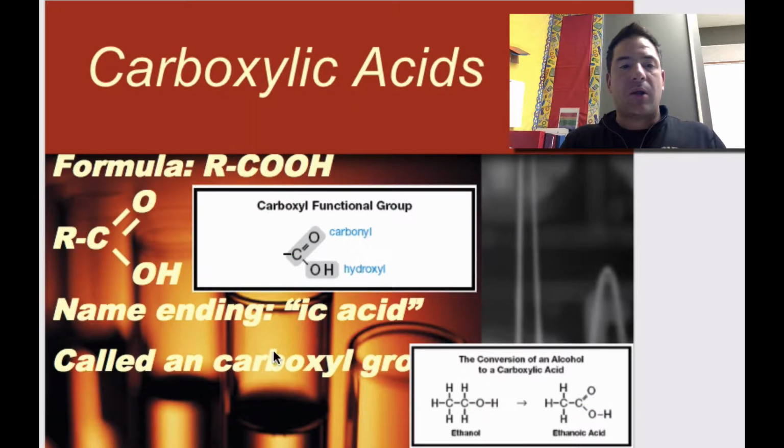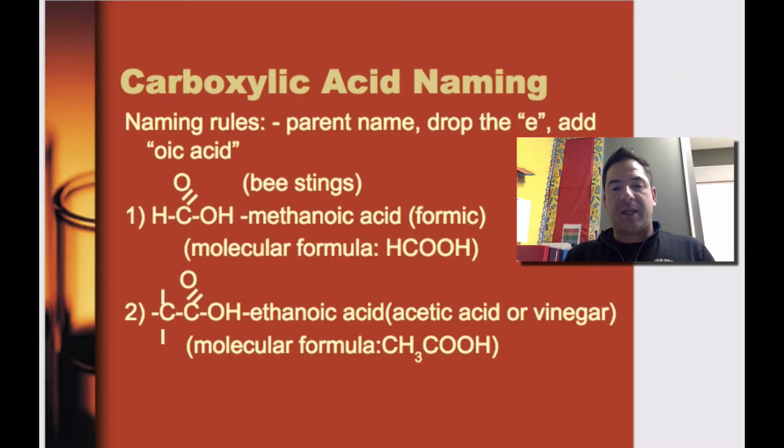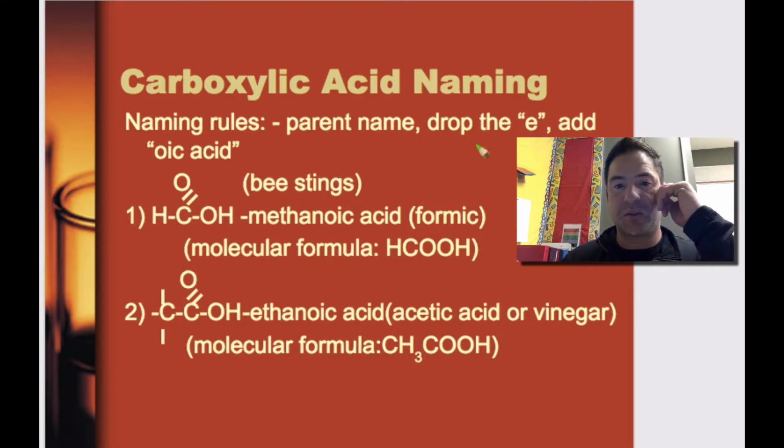So we'll move on to the naming rules for carboxylic acid. So first thing we always do is we want to determine what the parent chain is. So for example, methanoic acid, we would look at the parent chain. So that O should actually just be here, it just is moved.